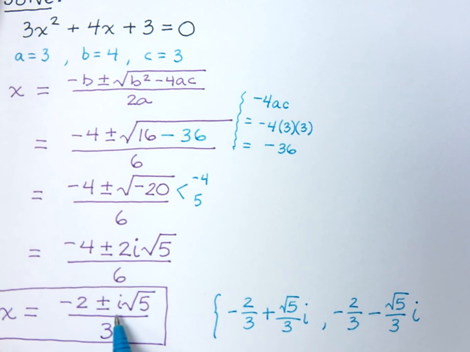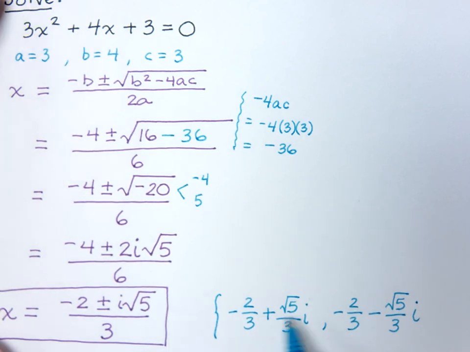That way it doesn't look like it's inside the radical, because if you stick it back here, sometimes depending on your own handwriting, it may look like it's under the radical, which is wrong. But when I separate it here, and I've got this fraction, I put the i on the outside of the fraction so it's clear to see that the i is not inside the radical. Of course, let me make sure I close off my set notation. So these are the two answers.